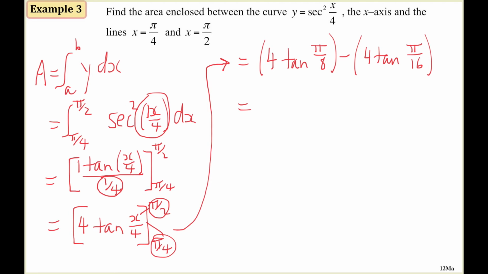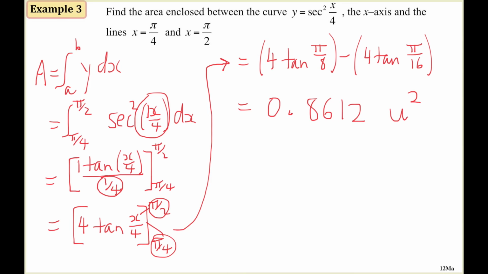And I go 4 tan pi over 8, minus 4 tan pi over 16, close my bracket, equals, and I get 0.8612. That'll do to 4 decimal places, units squared, because it's an area.